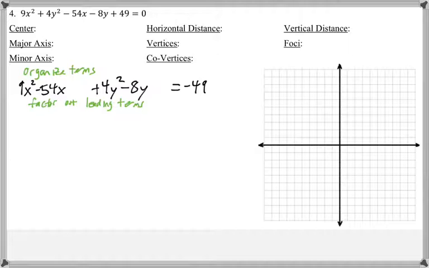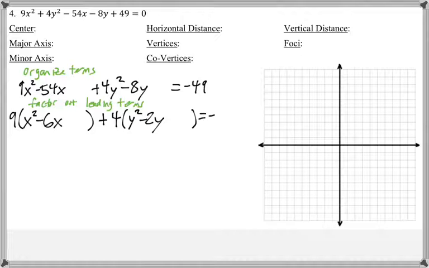So I'm going to factor out a 9 out of my x's, and that'll leave me with x squared minus 6x, and then I'm going to put a space, close the parentheses, and I want to factor out a 4 out of my y's. Again, leave a space, close parentheses, and then negative 49.